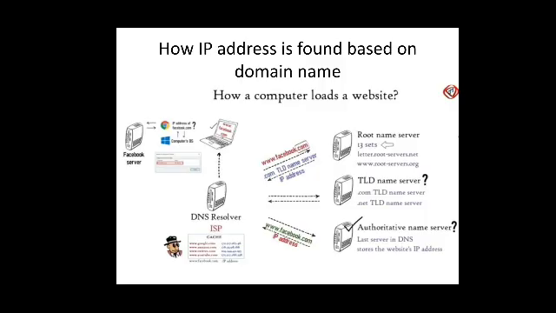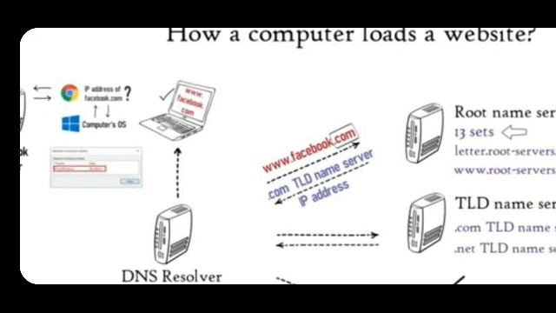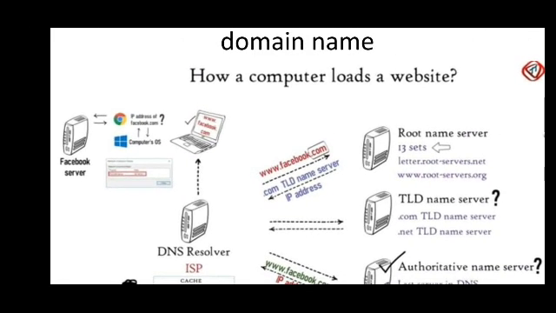Now at the end of the day, let us see how you are actually accessing the IP address. First step, whenever you enter a domain name, for example if he has entered www.facebook.com, first it will ask the operating system: this is the domain name, if you have the IP address in your memory, please reply back.